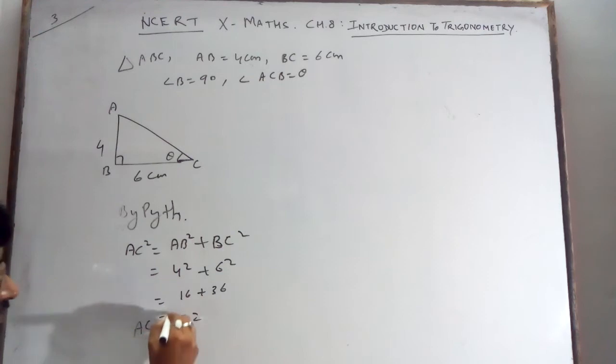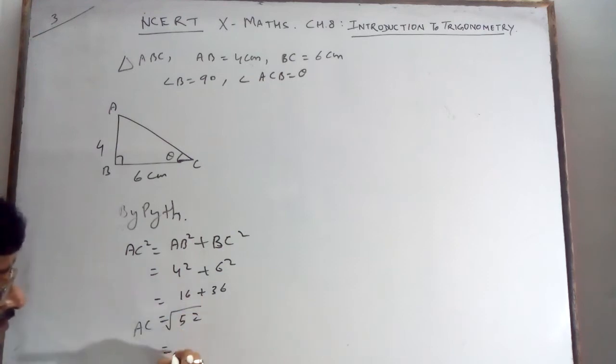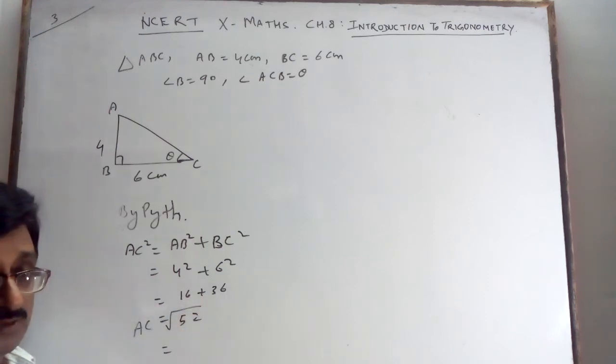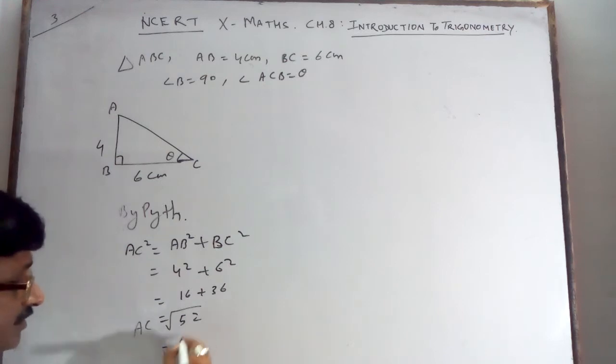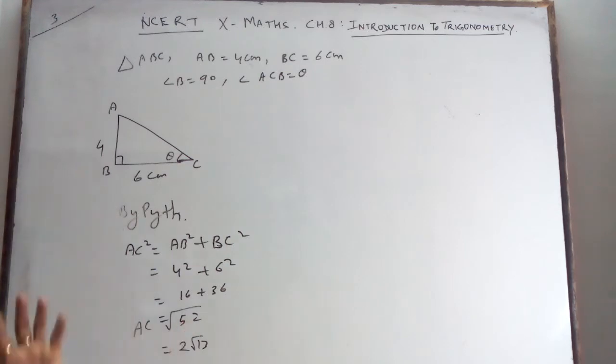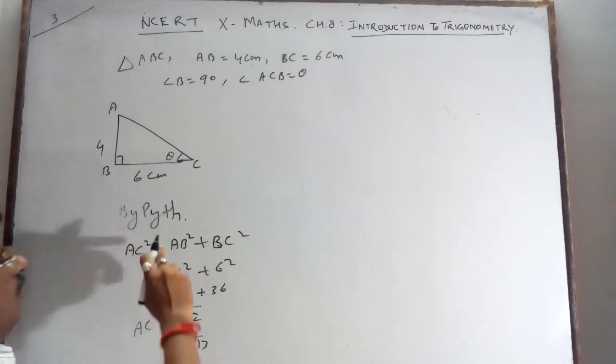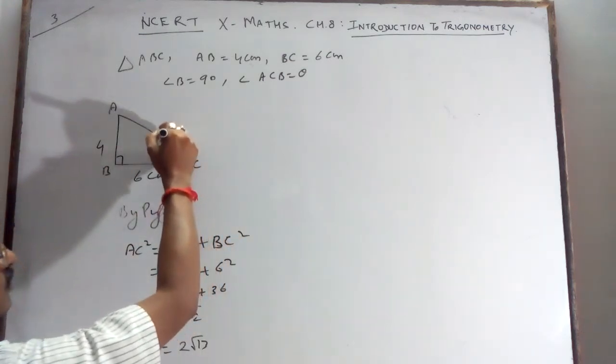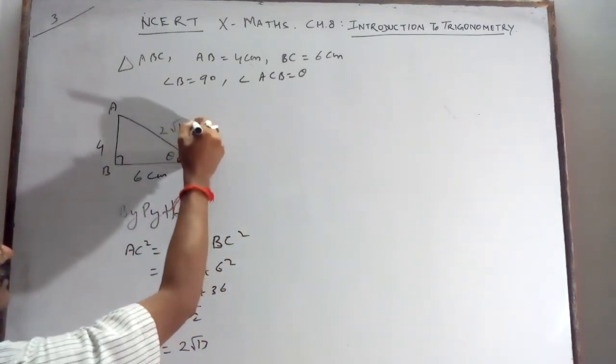AC is equal to under root 52, which is 2 under root 13. That is your answer for AC, 2 under root 13 centimeter.